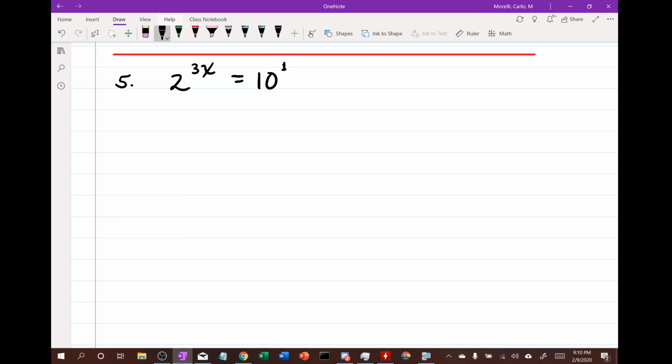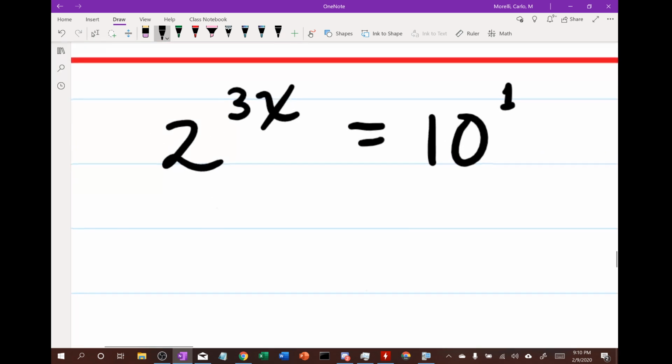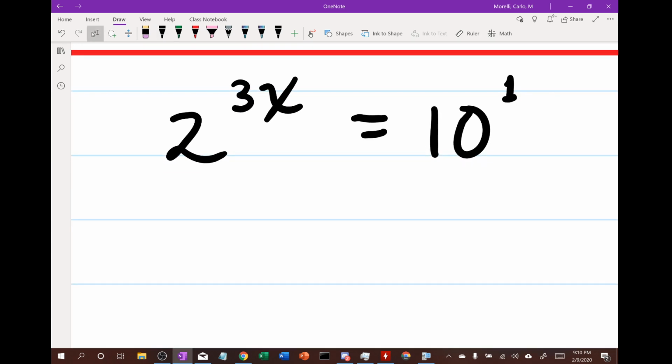Now, what you do in the situation where the bases are not the same is, I'll show you once it gets written, so you can see the problem that we have. We can't use our little trick where we just kill the bases off.